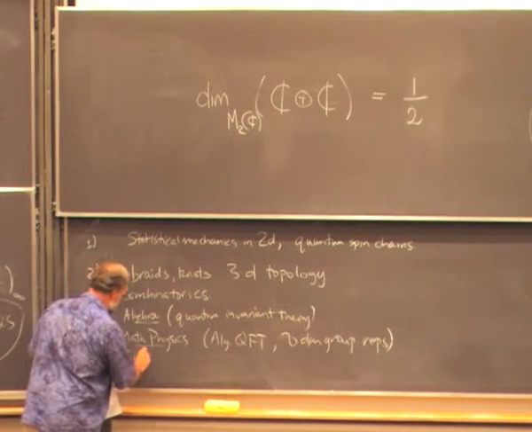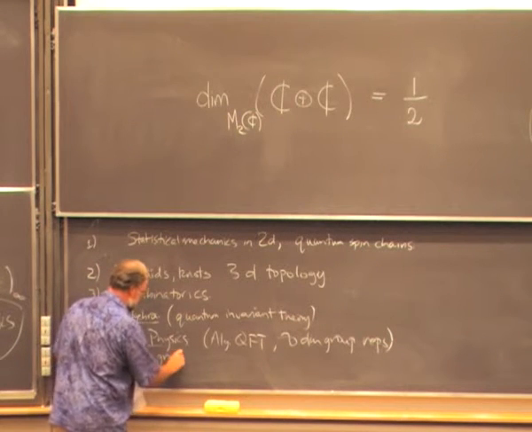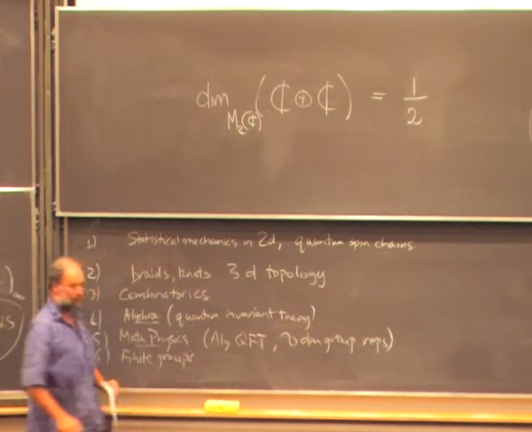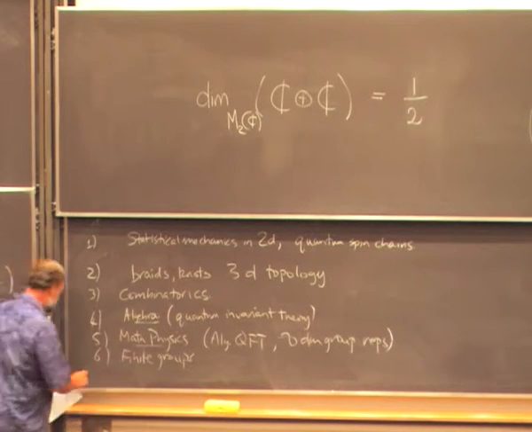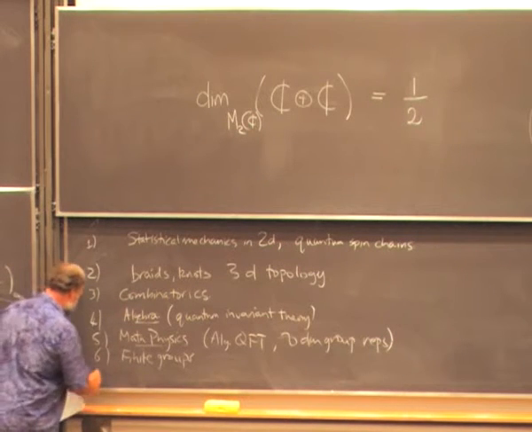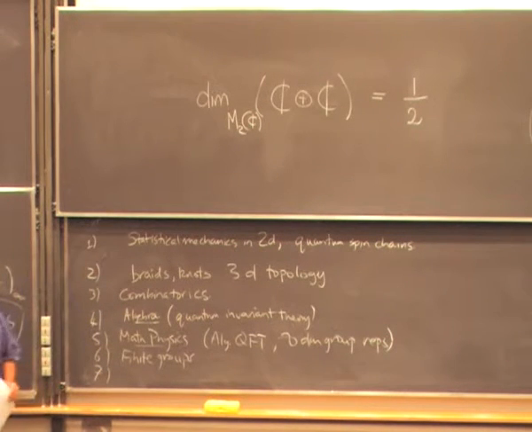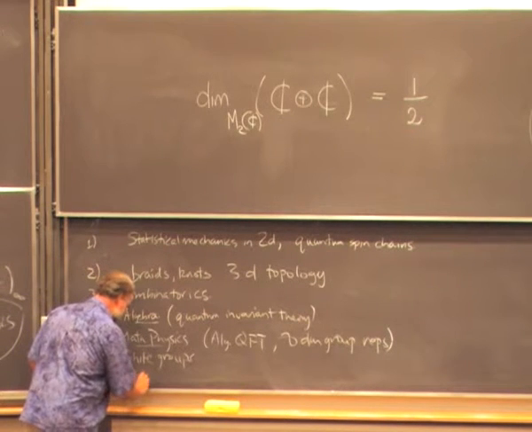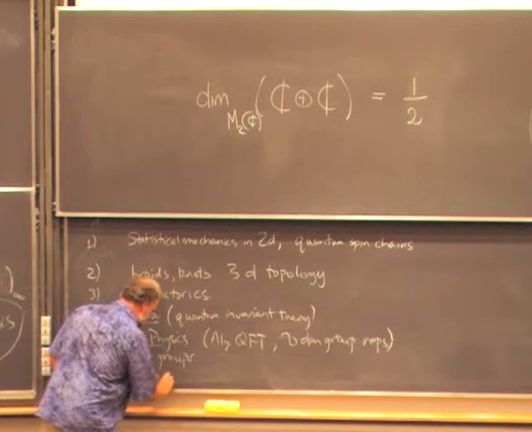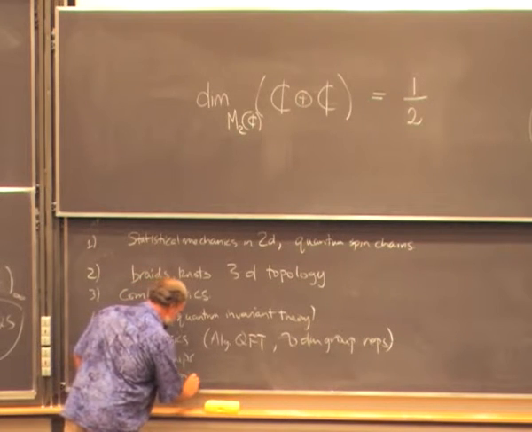Now these are more recent ones. There's been a rather interesting interaction in the last year or so with finite groups. And the 7th one, the most recent one, that I was heavily involved with, is random matrices and free probability.